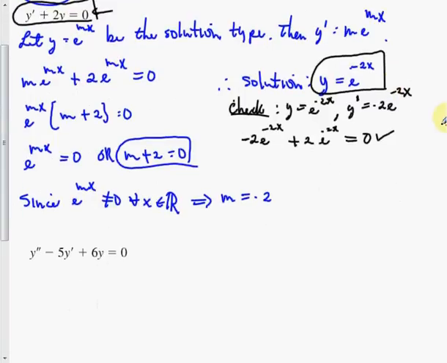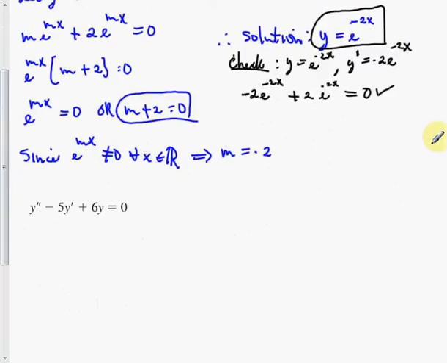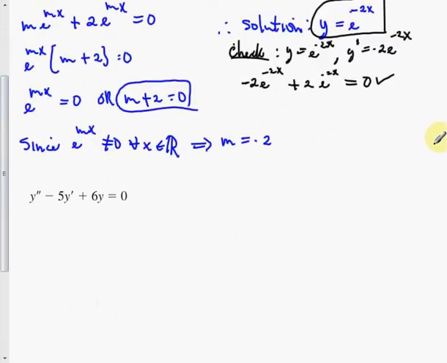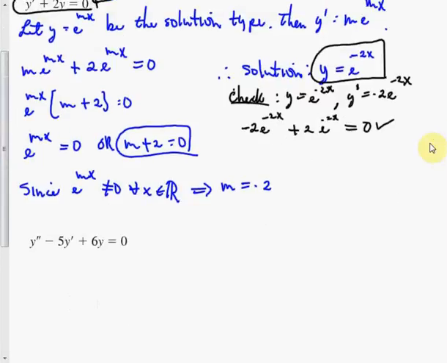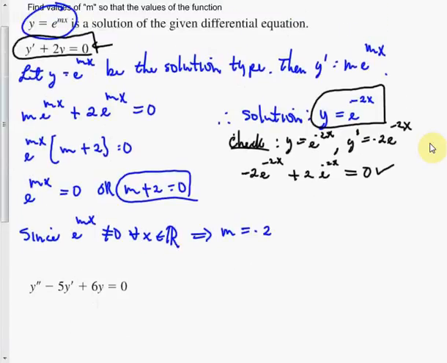Now, likewise, for the second one, let's see what happens. So that means that since this part is not equal to 0, m plus 2 has to equal 0.